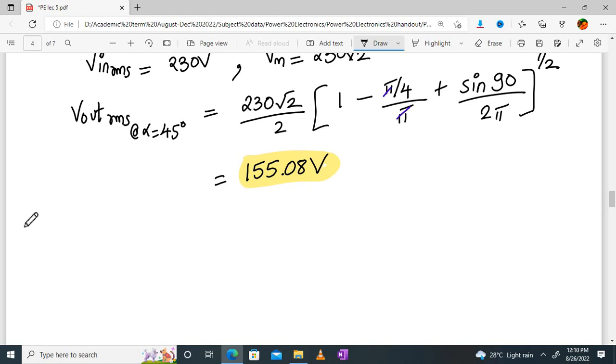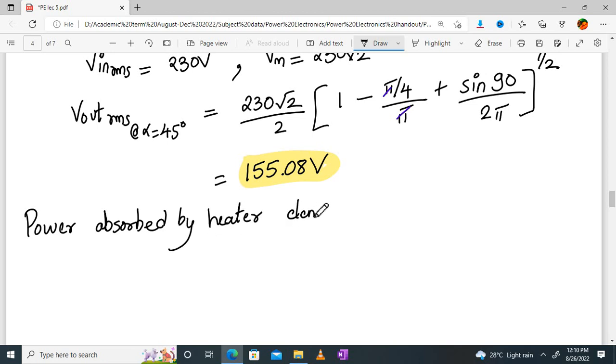Okay, so the next statement will be power absorbed by the heater element. Power absorbed by the heater element for alpha equal to 45 degrees. What is the formula?